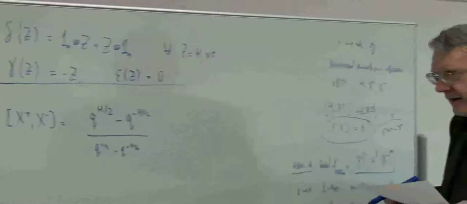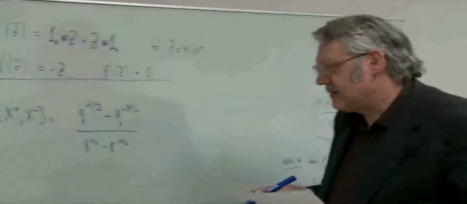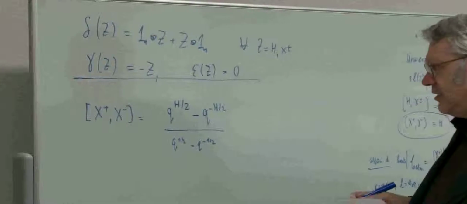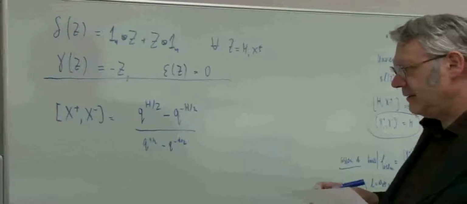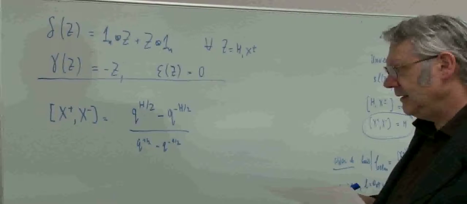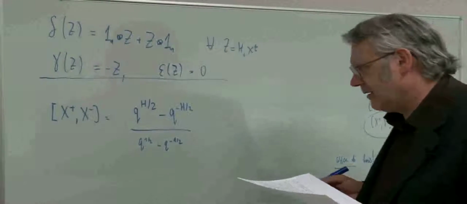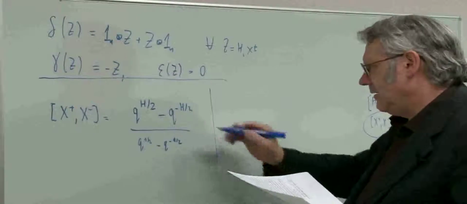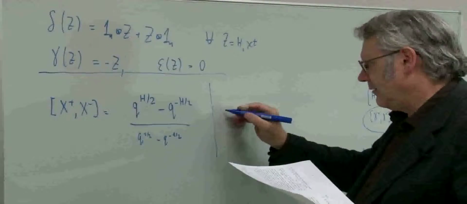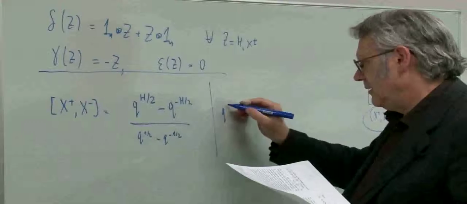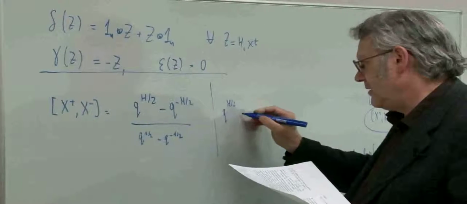So Q initially is some abstract entity. We can think it is a number. Of course, then this can be written q to the power h over 2 if it is a number.